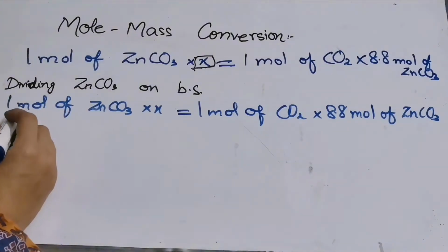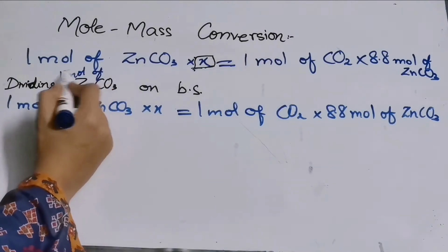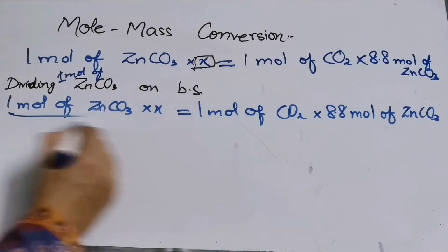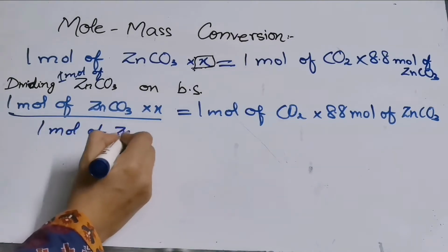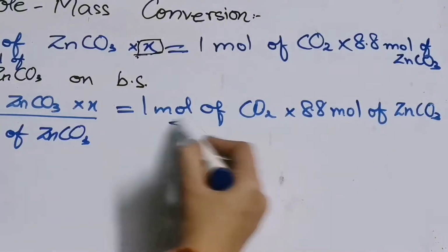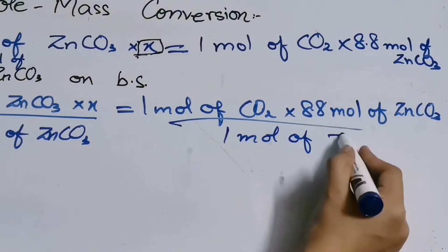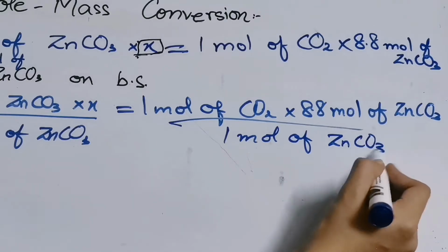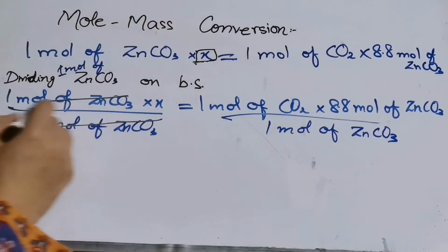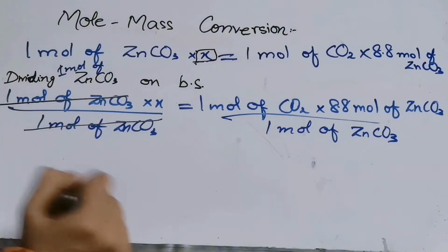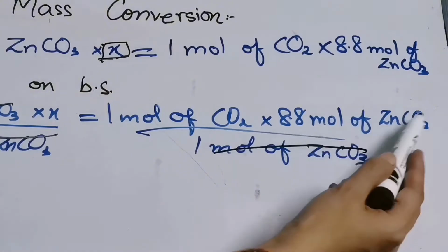Now we are dividing by 1 mole of zinc carbonate on both sides. Have a look: this 1 mole of zinc carbonate will cancel the other 1 mole of zinc carbonate, and on the other side the mole of zinc carbonate will cancel.